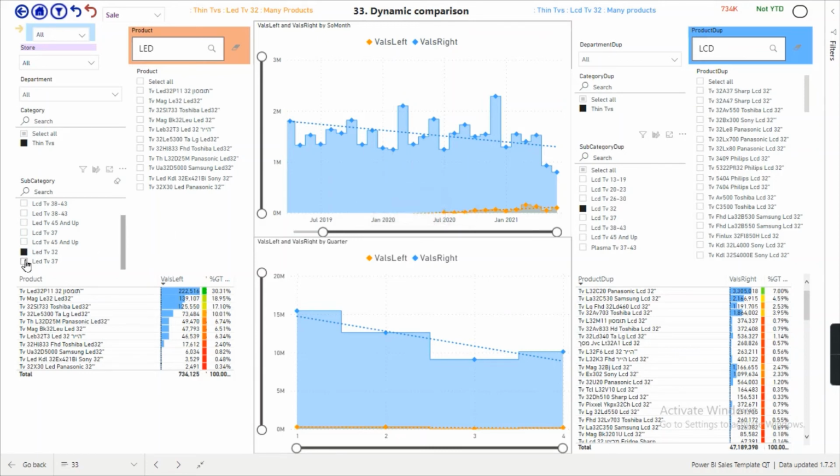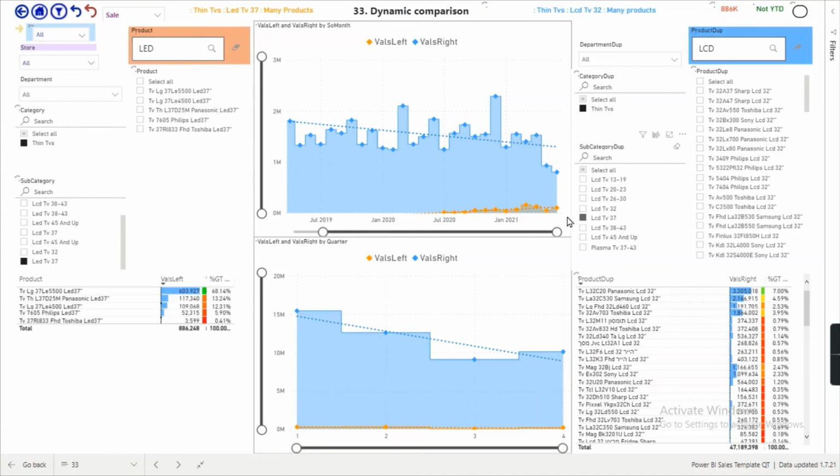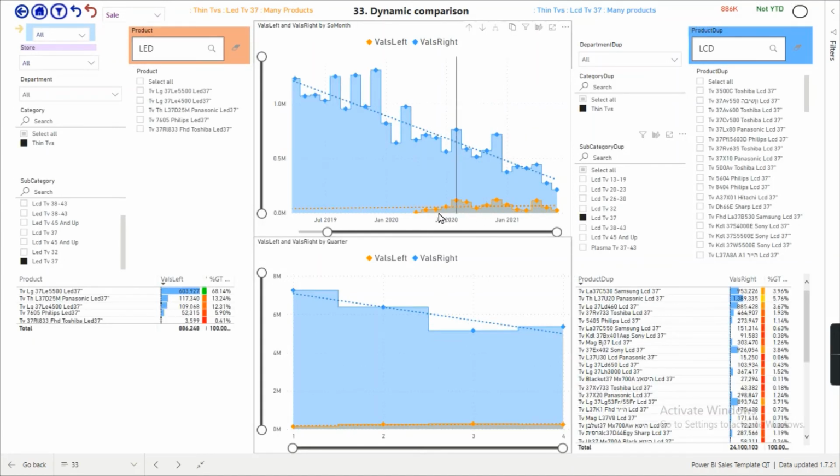Let's see the next subcategory, 37-inch. Here we see that LCD is going down faster and LED is not really uplifting. This is the next one, 38 to 43.